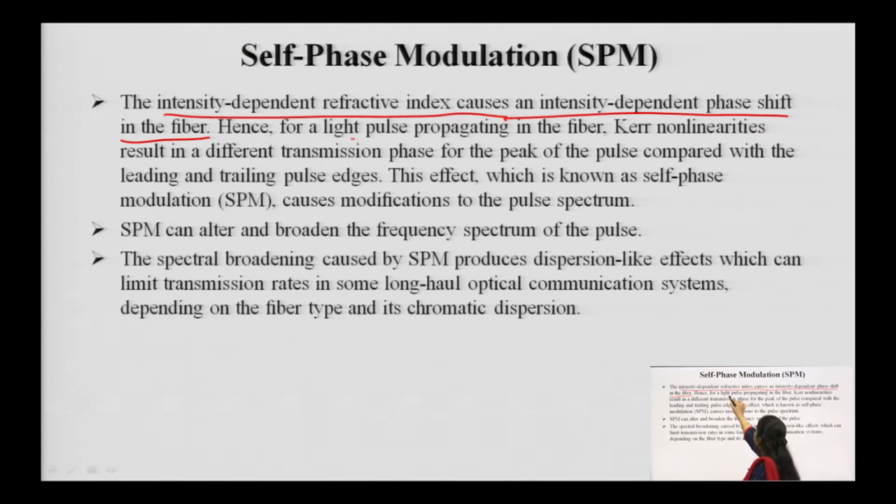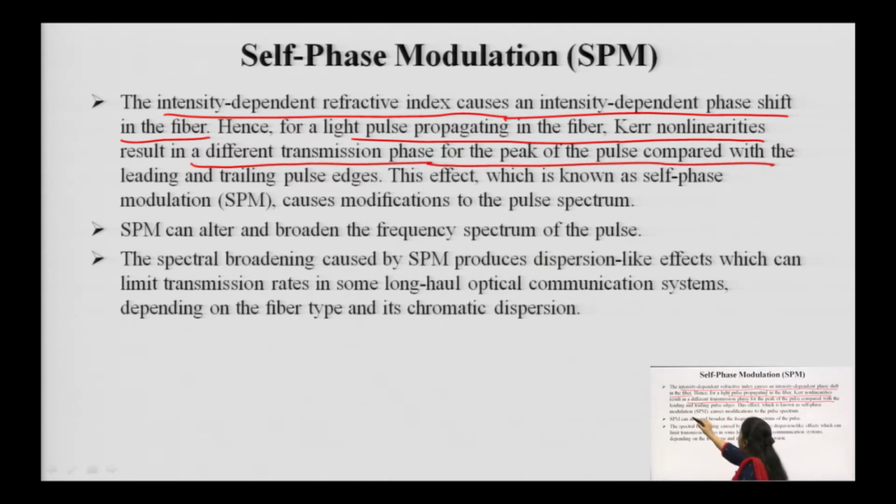Hence, for a light pulse propagating in the fiber, Kerr non-linearities result in a different transmission phase of the peak of the pulse compared with the leading and the trailing pulse edge.